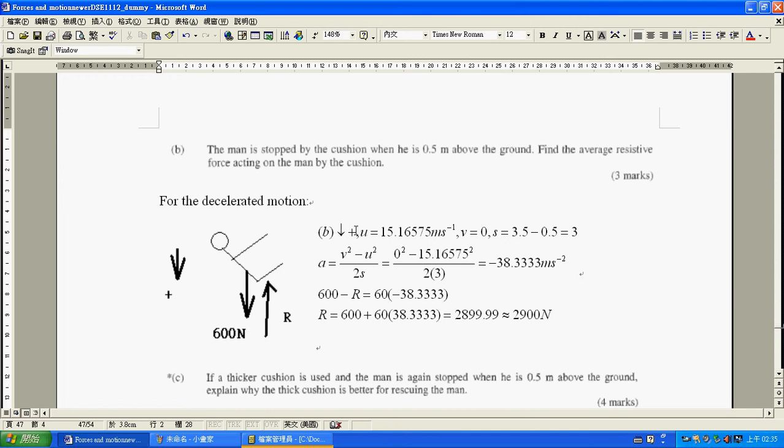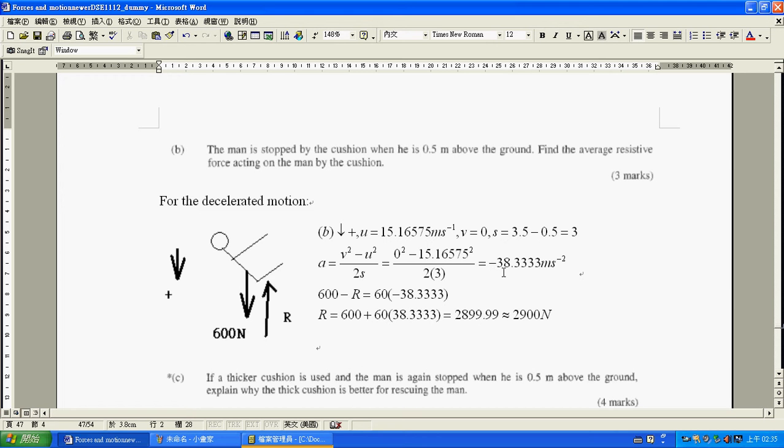So we take downward positive. U is from part A, V is 0, and the displacement is that when he just touched the cushion, he's 3.5 meters above the ground. When he's at rest, he's 0.5 meters above the ground, so the displacement is 3. So we apply v squared minus u squared equals 2as, and we get a equals to this.